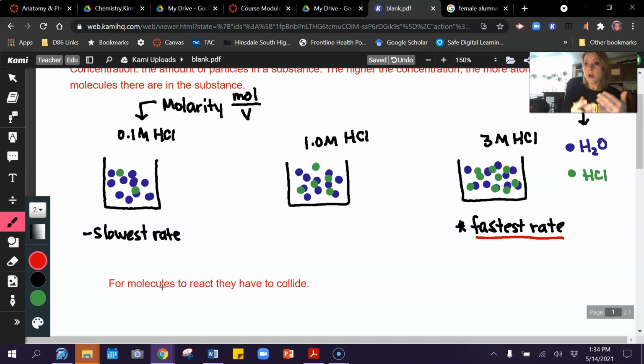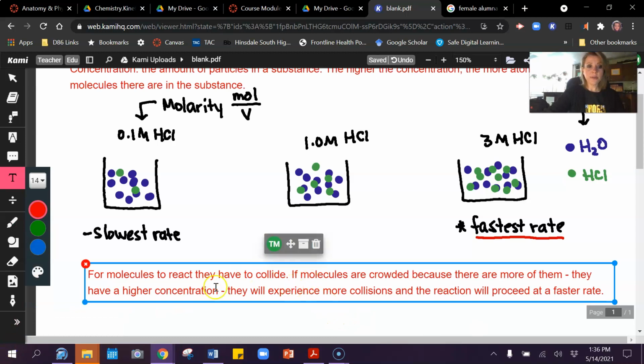And so the magnesium was able to remove the hydrogen from hydrochloric acid, and it was able to dissolve away. And so for molecules to react, they have to collide. And if you have more molecules, if it's a more crowded environment, then you're going to have more collisions, and that produces a faster reaction.